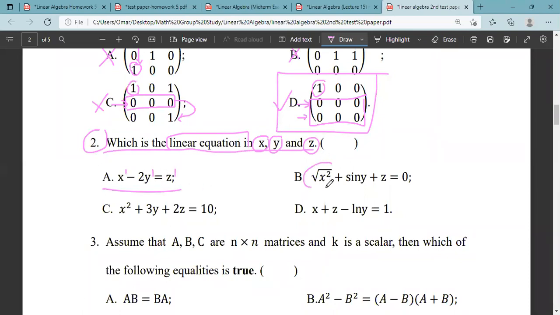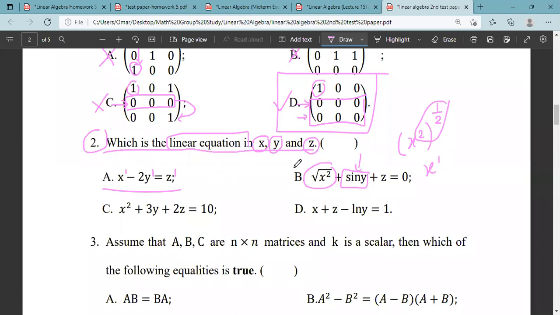But here, root over x square means x to the power half, right? So if you multiply by 2, it will be x to the power 1. But here we have a sine function, right? So we cannot take sine, cos, or any trigonometric function in a linear equation.